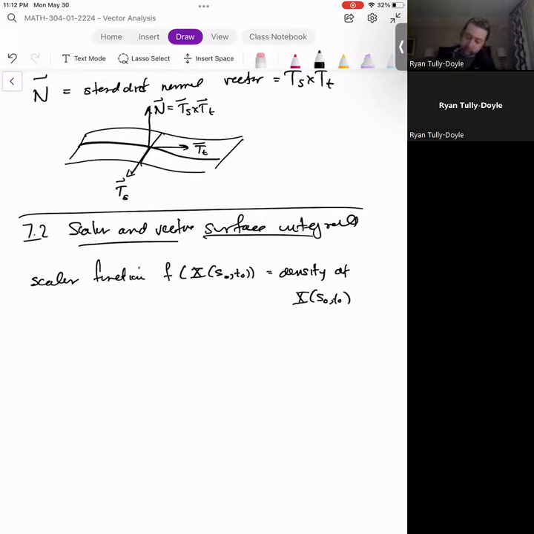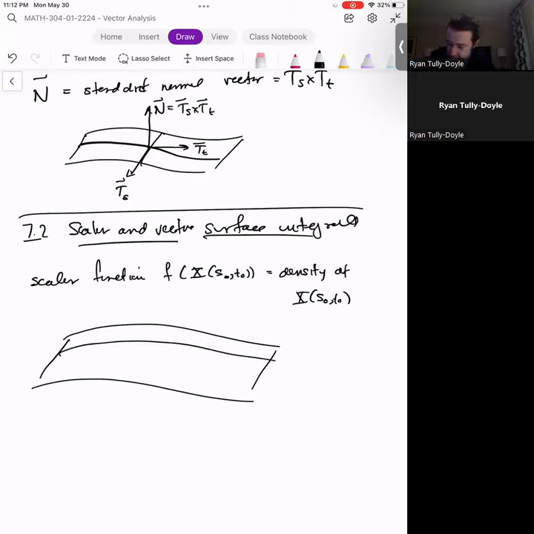Essentially, we're going to think of a surface and break it up into a bunch of pieces. What f is going to do is assign a value to each one of those pieces. So maybe this is f of ck, this is f of ck plus 1, and this is f of ck plus 2. Then it's going to multiply those densities by those areas.